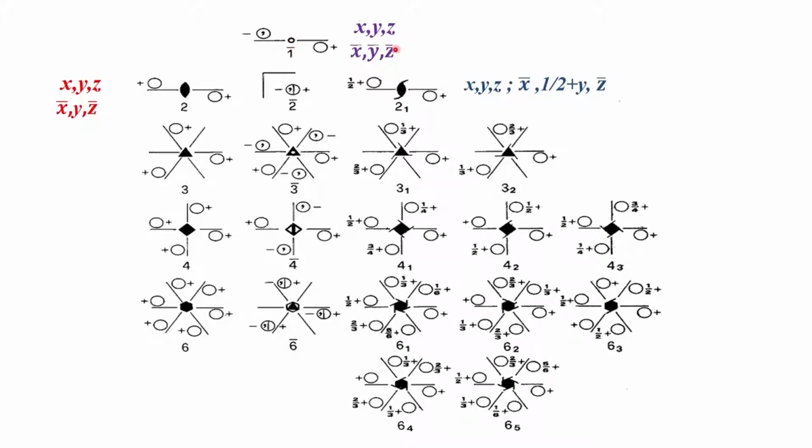Then 0 0 0 and minus 0 minus 0 minus 0 will represent the same point, and therefore the number of objects that will get repeated in this point group operation will remain the same. In other words, there will be only one position, and that is referred to as a special position. So, in this special position you will have the object both positive and negative indicated at that particular position.